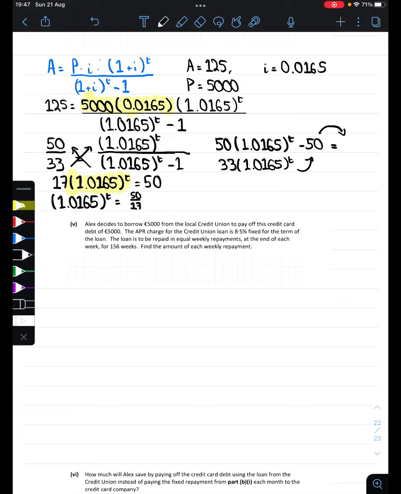And so this expression is equivalent to the logarithm: log base 1.0165 of 50 over 17 equals t equals 65.92, or 66 months.